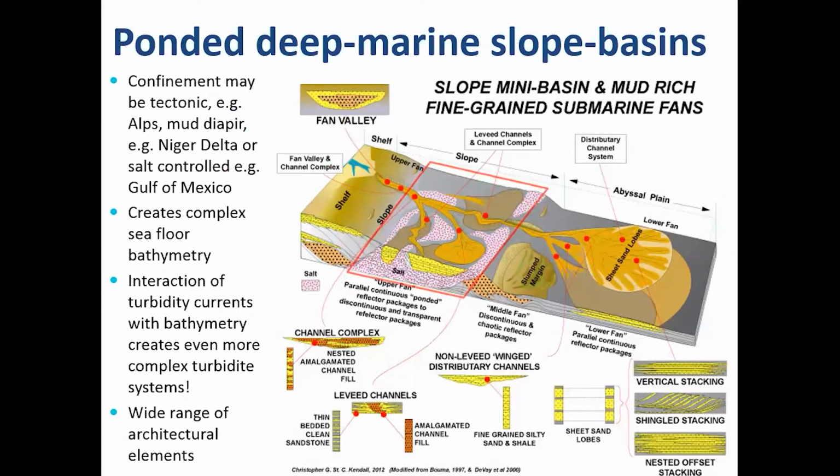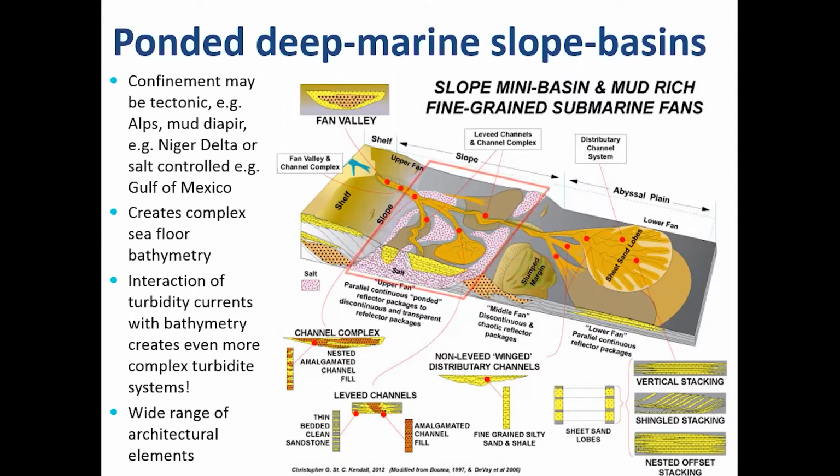So moving swiftly on down the slope, then the next area that we're going to look at is confined interslope settings. The confinement on the slope can occur through a variety of mechanisms, be it tectonic, for example, in the alpine basins that we're going to look at shortly, but it could also be due to diapirism, mud diapirs, and or salt diapirs that are, of course, very common in the Gulf of Mexico and elsewhere.